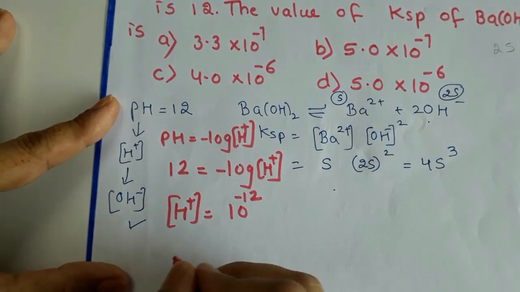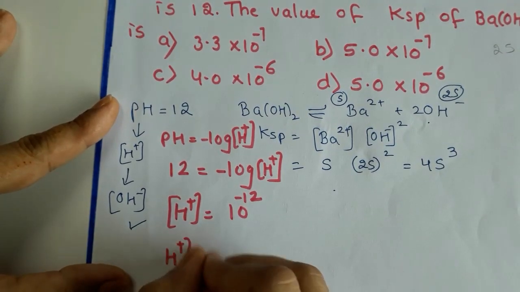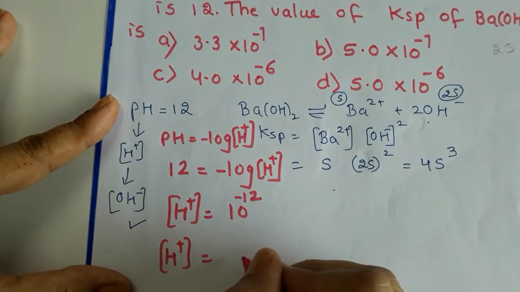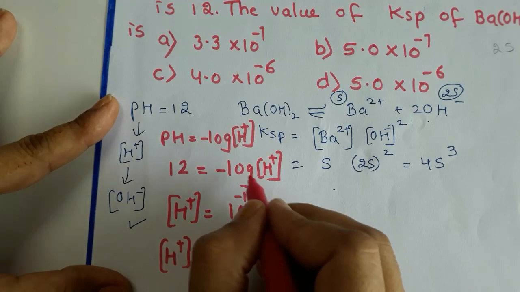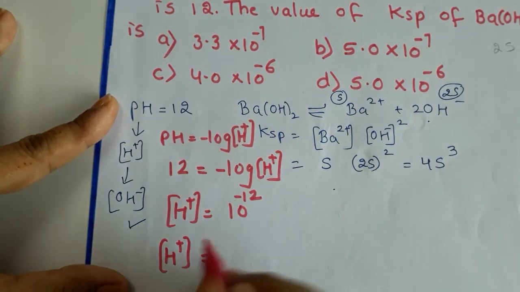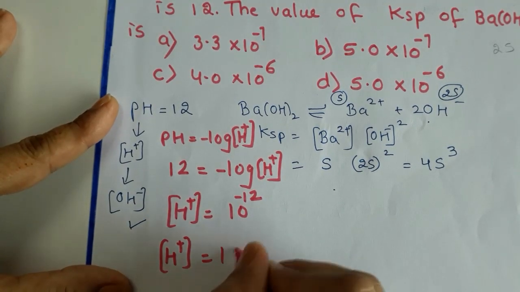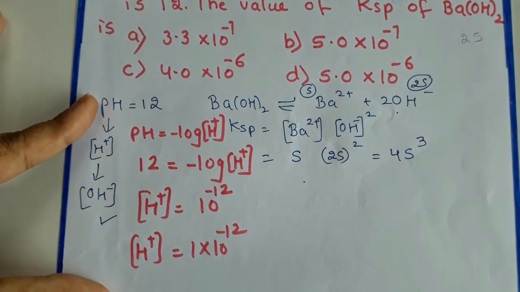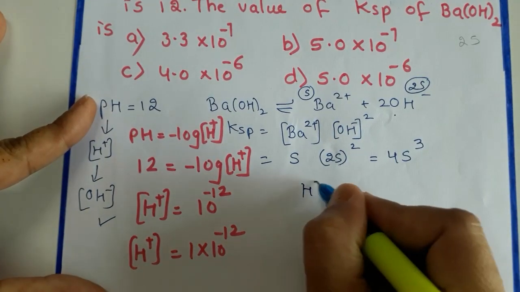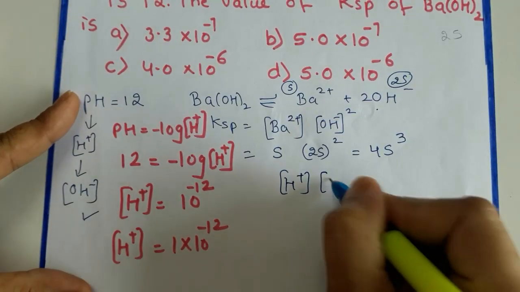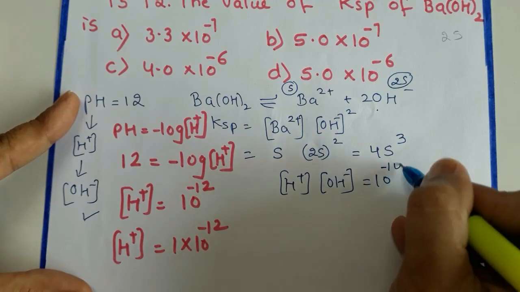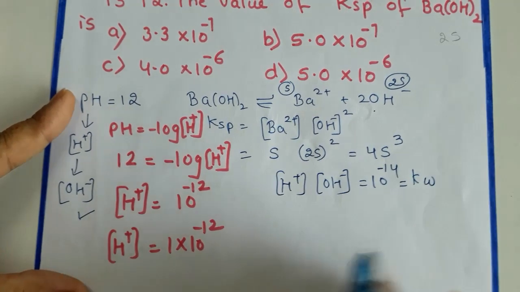What we have to do? We have to keep H plus over here and we have to take the anti-log of this 12. Okay, so using this you will be getting answer as 10 raised to minus 12. Now you might have studied that concentration of H plus ion times OH minus ions is equal to 10 raised to minus 14, that is ionic product of water.